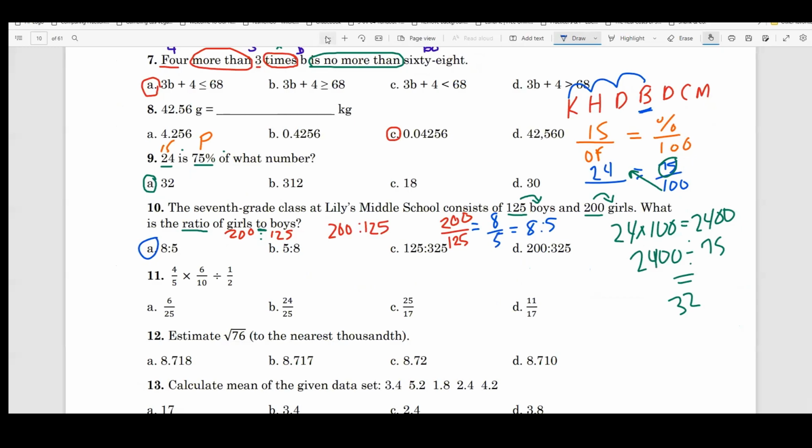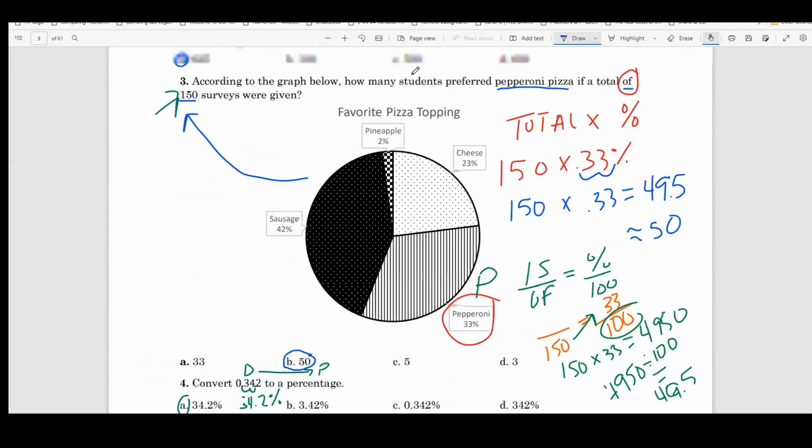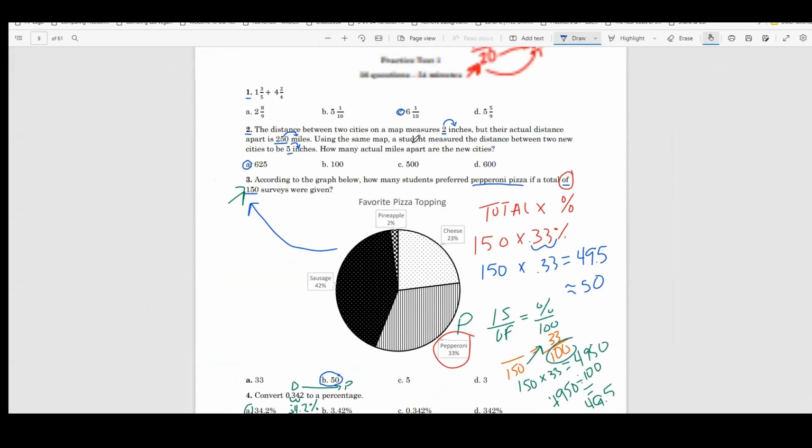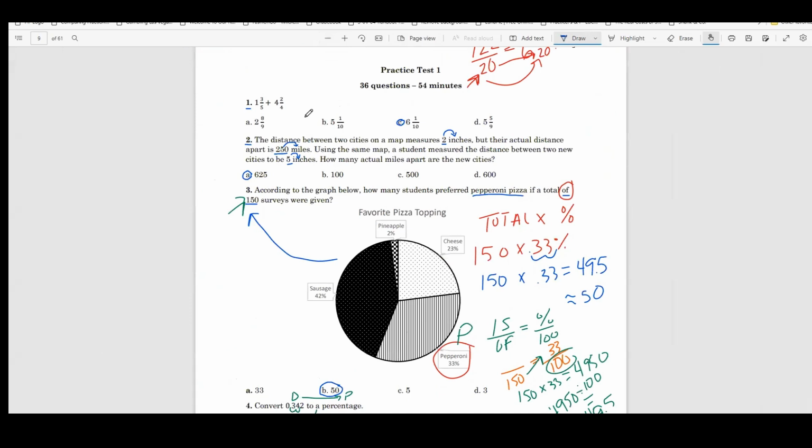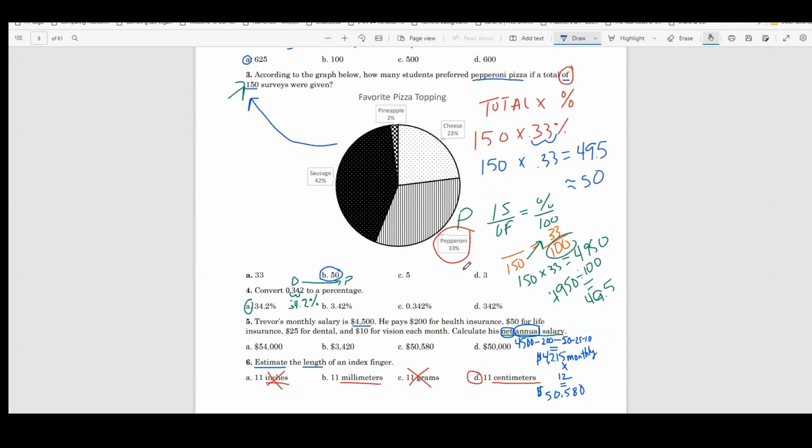So today I feel like we covered a pretty good variety of topics. If we go back from the top, we looked at adding fractions, adding mixed numbers. We did a word problem with proportions. You guys got a word problem. We had to interpret data given a graph, and that was based on percentages this time around. We did a one or multi-step word problem involving rational numbers.